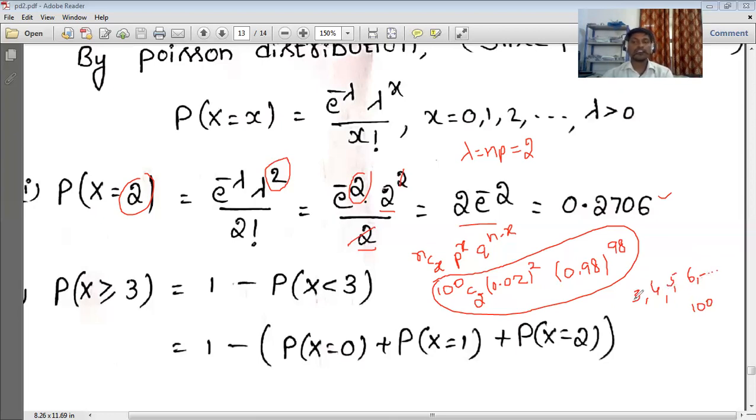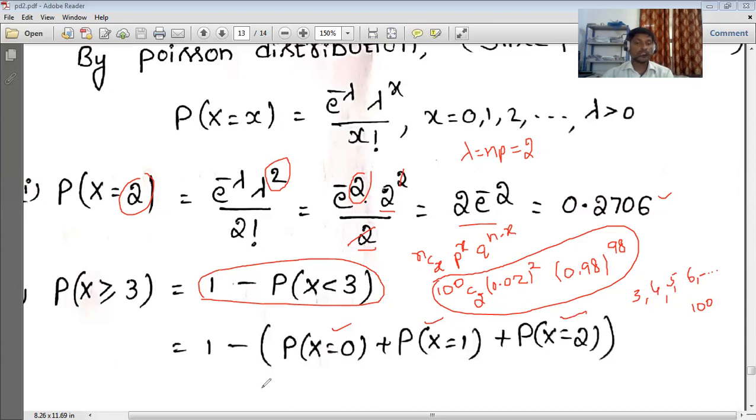So for that we are using that the sum of the probabilities is equal to 1. By applying it we get 1 minus P of x less than 3. Less than 3 means 0, 1, 2. So here also, the same: x as 0, x as 1 and x as 2.